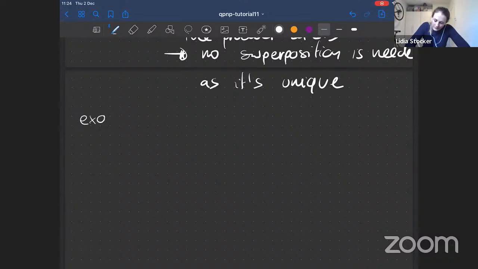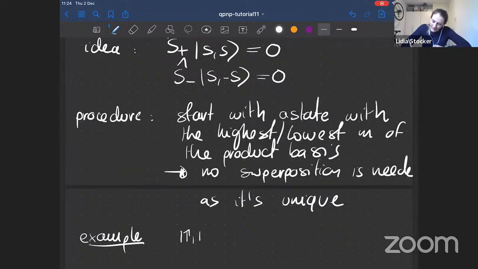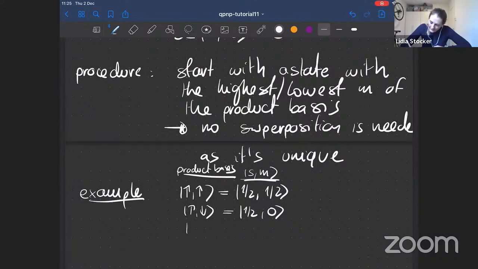And now I'm telling you what I mean with it in the example. So this is with the highest or lowest M of the product basis. In the example, up up is 1/2, 1/2. Up down will give me, so this is the SM representation, and here is the product basis. Here this will give me 1/2 and 0 because the total sum is 0. And here I will have up down and down up, and this is the same.